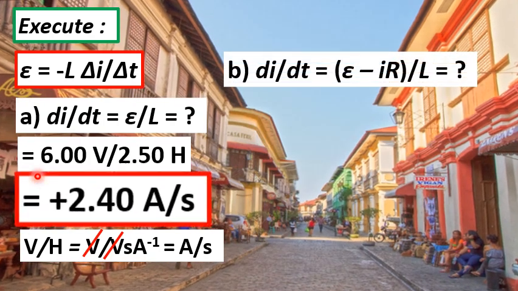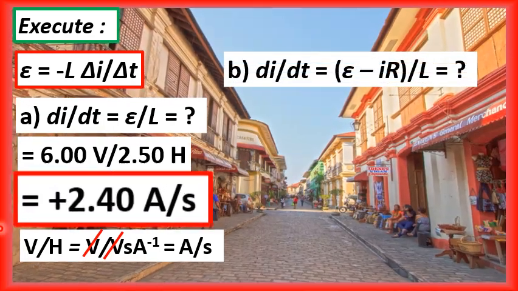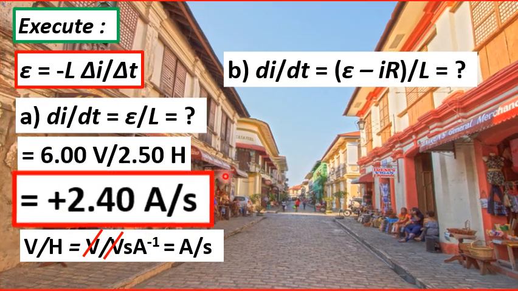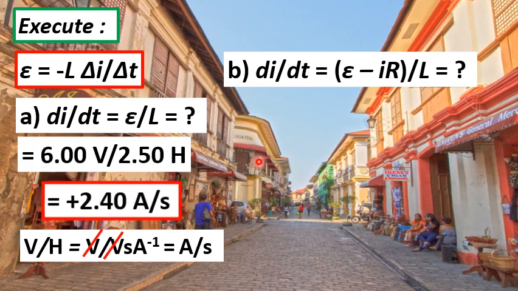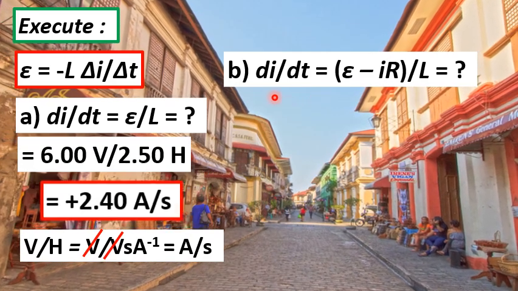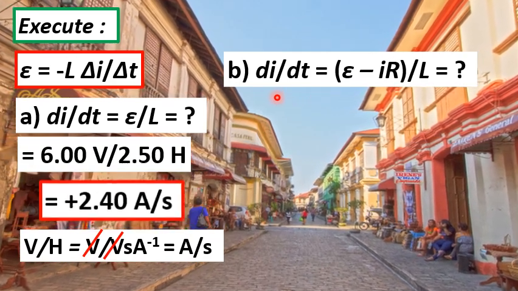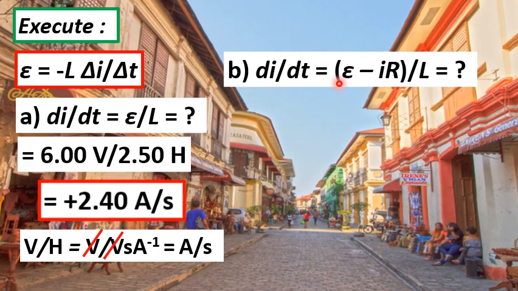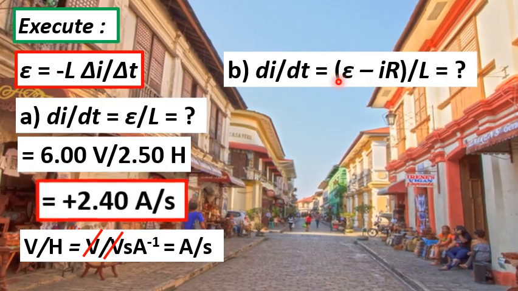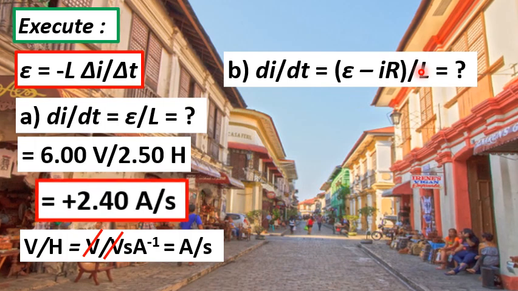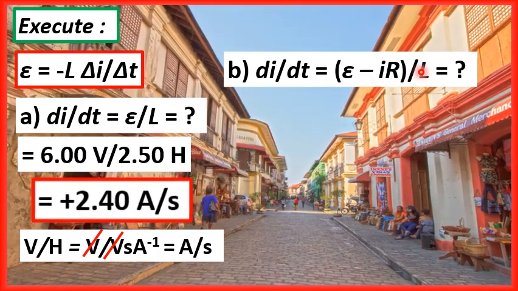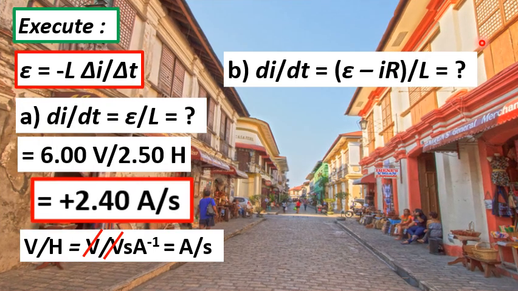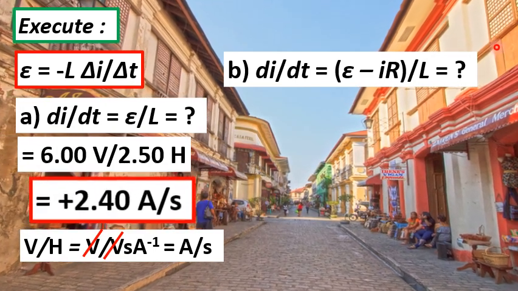And for the unknown variable in question letter B, we are looking for the rate of change in the current, that is di over dt, at the instant when the current in the inductor equals 0.500 amperes.